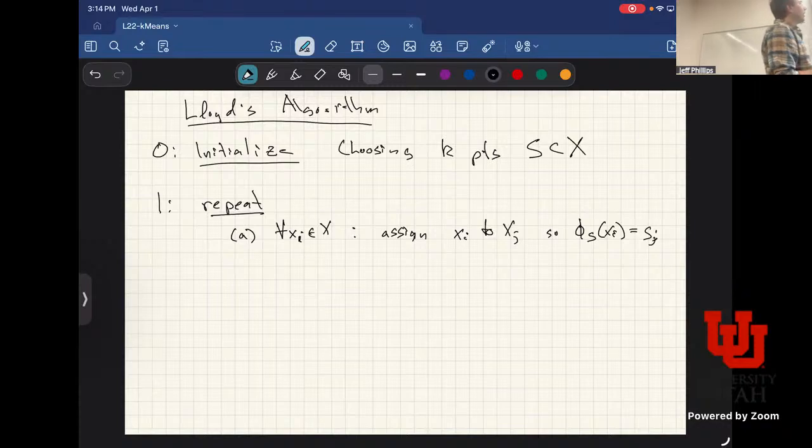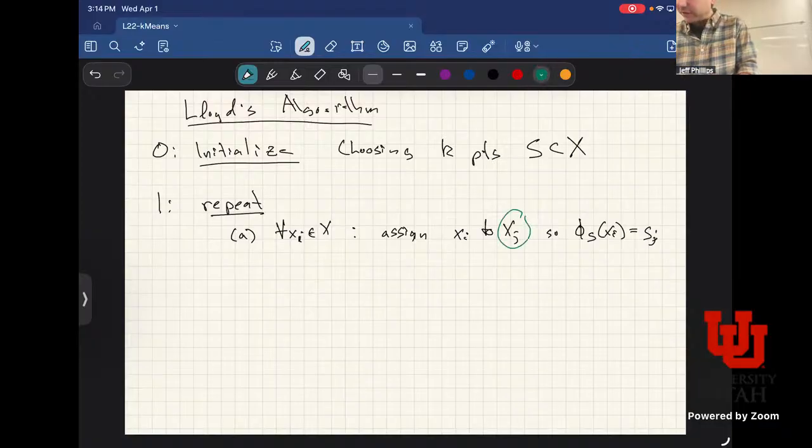Okay, so the first step is saying, I'm going to compute this phi mapping for each of the points and assign it into the cluster which has the closest site, right? So remember, now this is the jth subset of X.